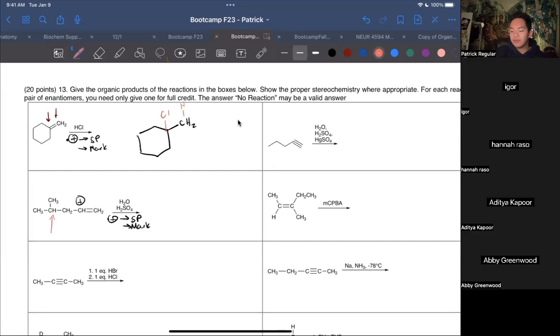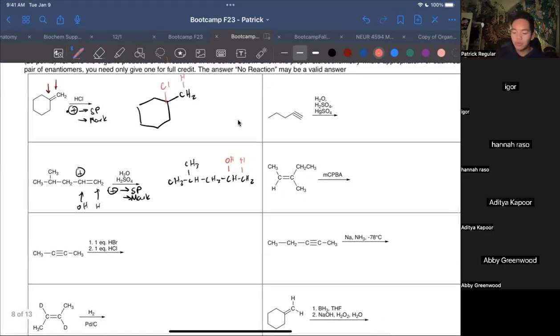Can it shift? No, it can't. It can't shift more than one carbon. It's too far away. So it's just going to add OH here, add H here. CH2, CH, CH2, CH3, OH. Again, for that rightmost carbon, you're welcome to write it as a methyl group, but I just wrote it this way to show what's being added.